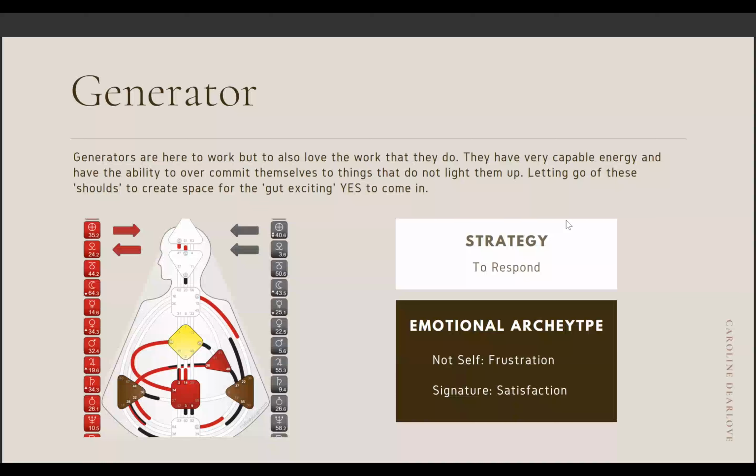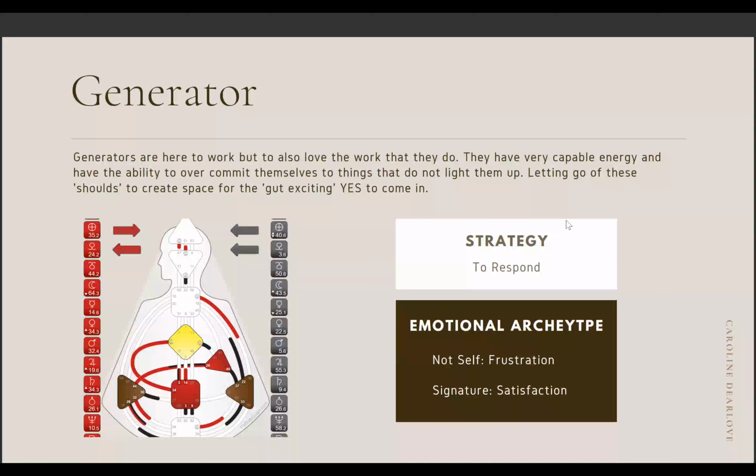How can I change direction? How can I change lanes? How can I let go and release? How can I move myself out of it? Okay, so really understanding frustration. So as I said a minute ago, it is not an opportunity for you to shame yourself. It's just an opportunity to assess and to change your lane.